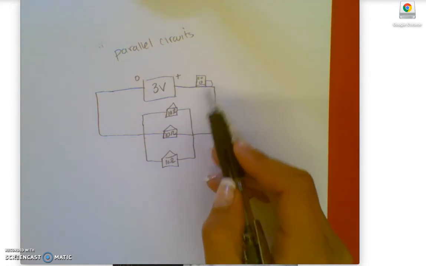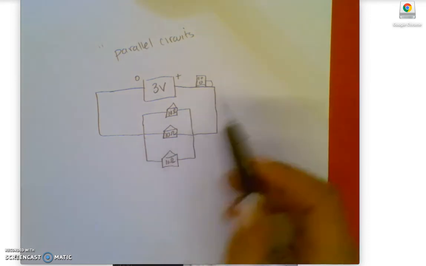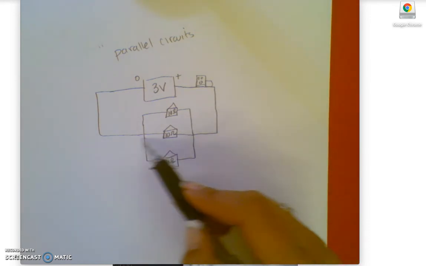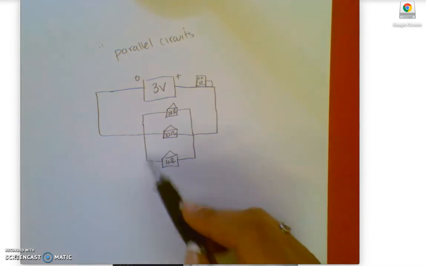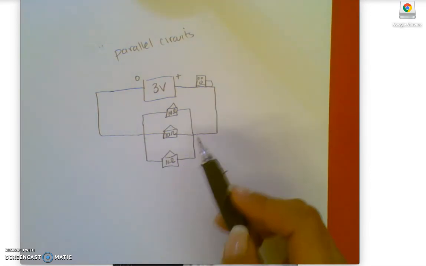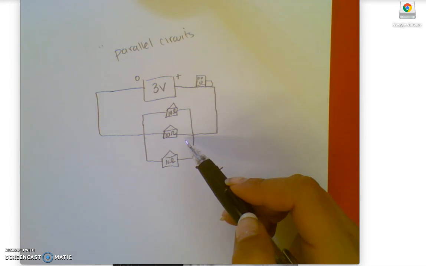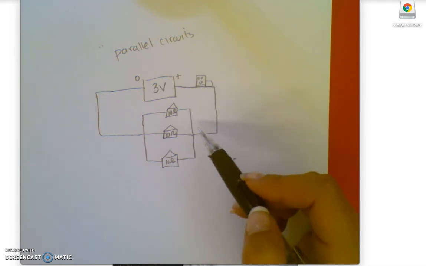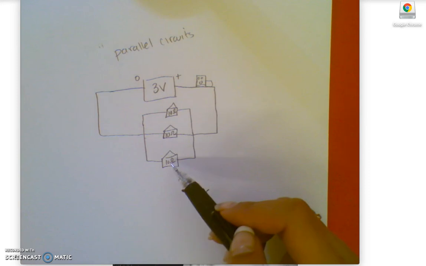Now, because they're on 3 different streets, the truck is only allowed to go in one direction. So he can go this way and he can cross through the middle house, he can go this way and cross through the upper house, or he can go this way and cross through the lower house, but he can't go to all 3 houses. So different trucks will go to different houses. The way that they split up and the number of trucks that go to each house is dependent on how resistant the houses are.